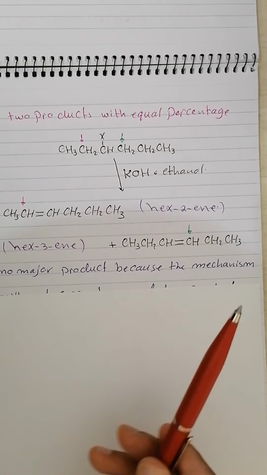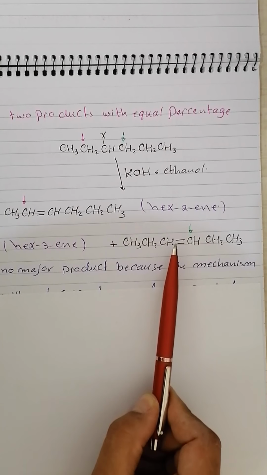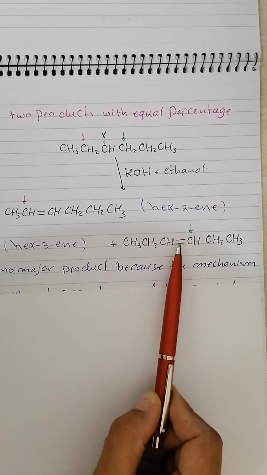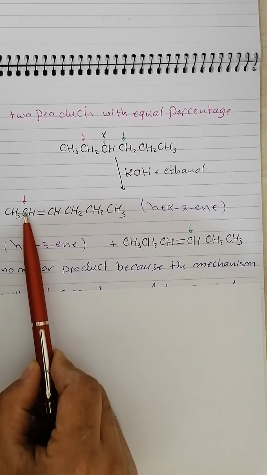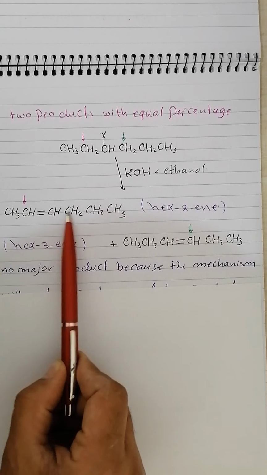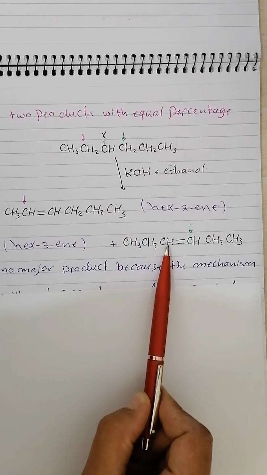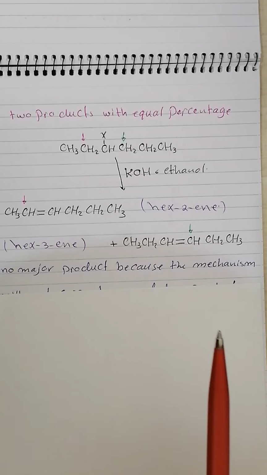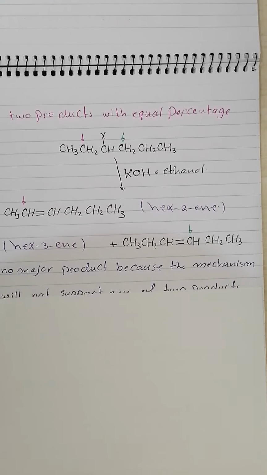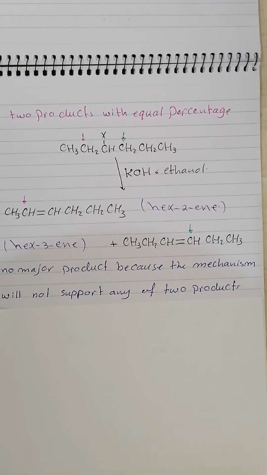Because if you recall your cis-trans isomers or E/Z, you will find this one has two branches, methyl and hydrogen, and here hydrogen and propyl, while here ethyl and hydrogen, and here ethyl and hydrogen. Both have the same number of branches. We are not talking about size here, we are talking about the number of branches, so they have the same stability and the same majority. The mechanism will not support either of the two products; both have the same stability.